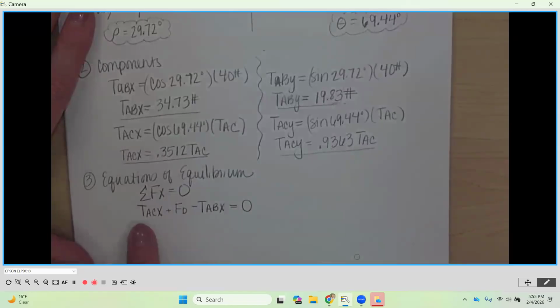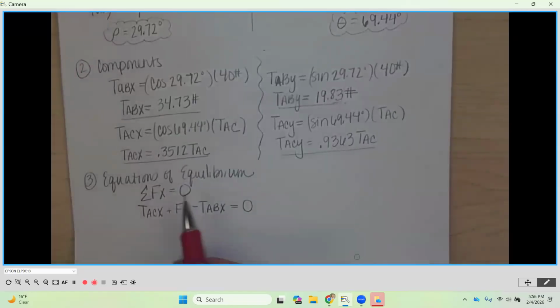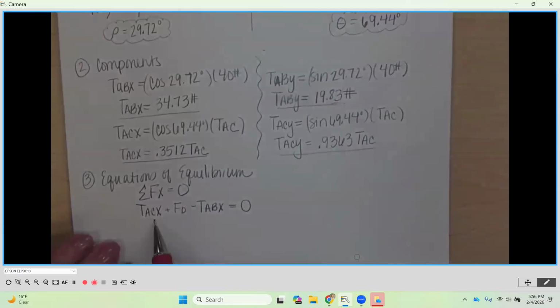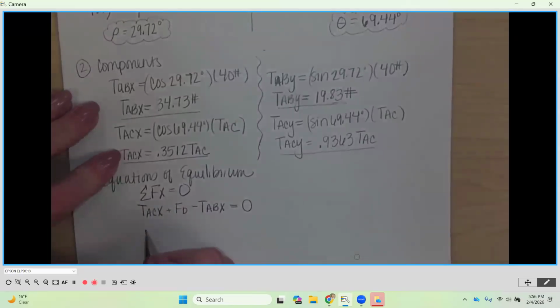Now we have our equation here. Now we're going to look, do we have values for these variables? This is called putting the equation in variable form before we put numbers in. So our TACX, that's right here, so that's going to be 0.3512 TAC.